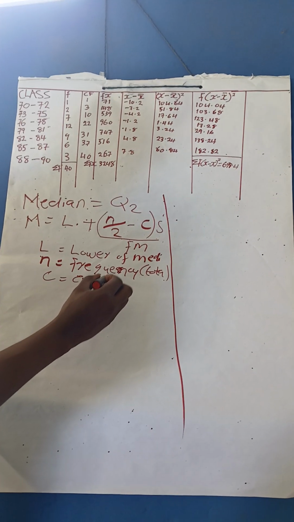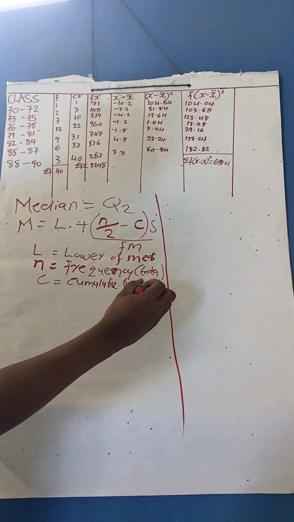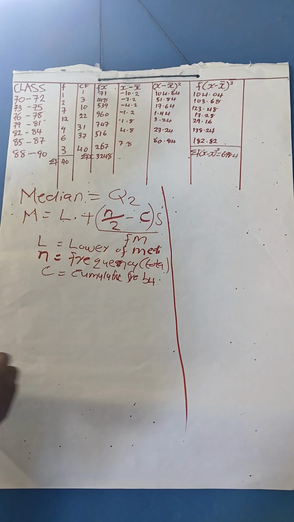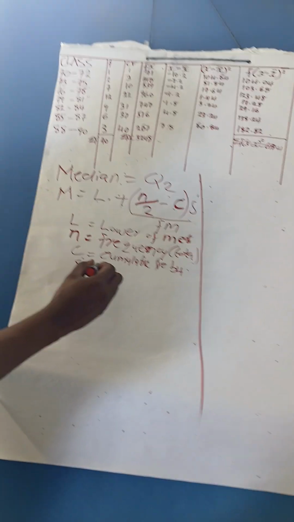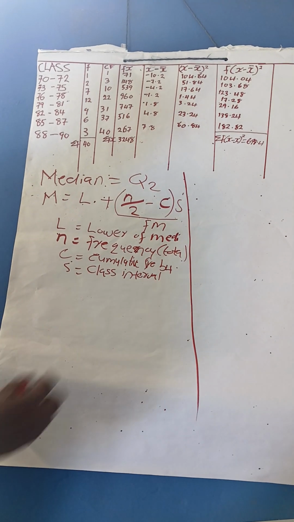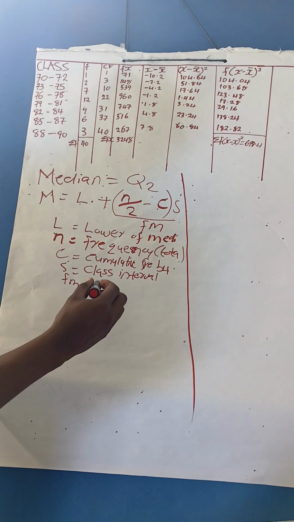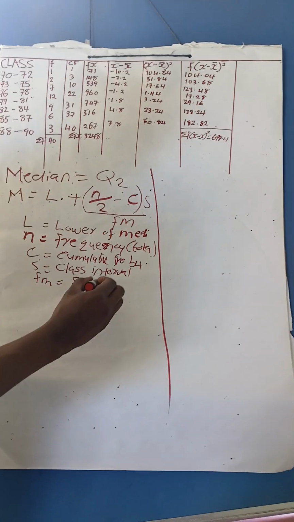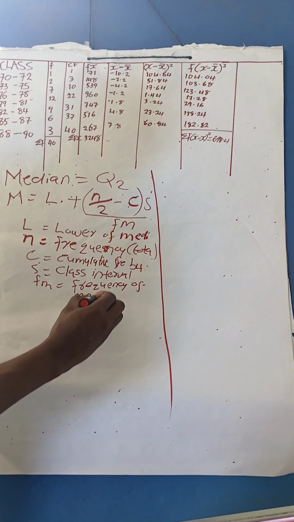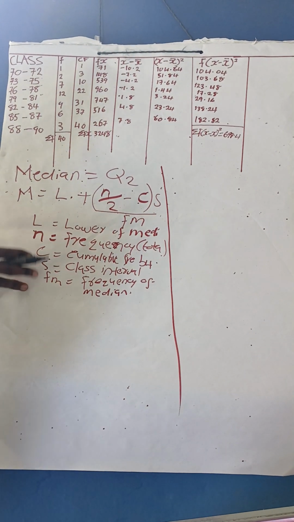Then I represents the class interval. Then FM will represent the frequency of the median class.